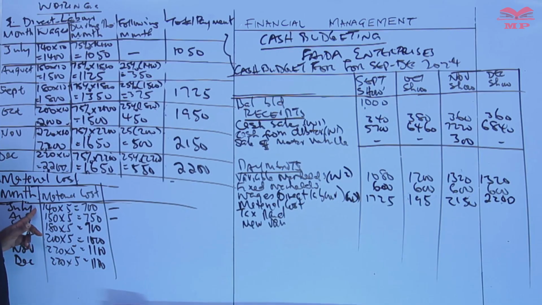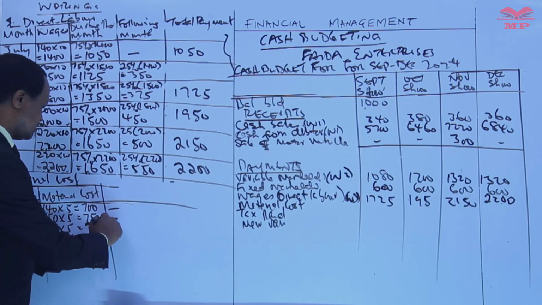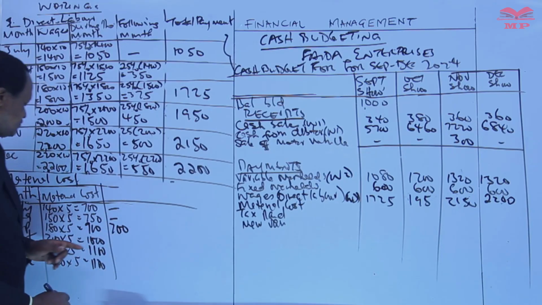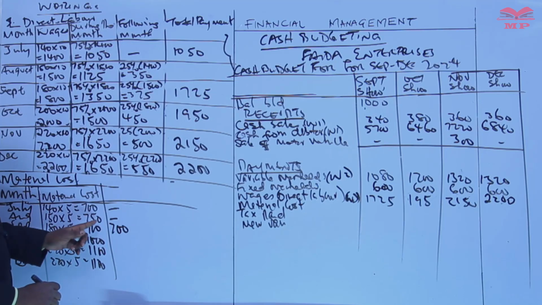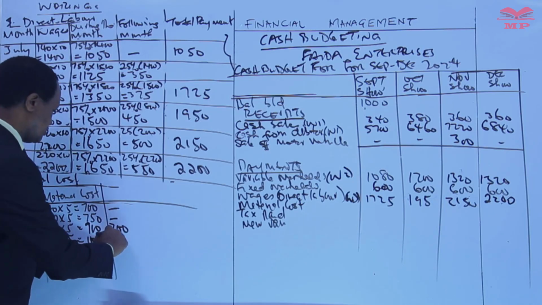The July payment is paid in September. So this 700 will come and write here 700. The August material cost is not paid in August. It is not paid in September. It is paid in October. So there you have 750.